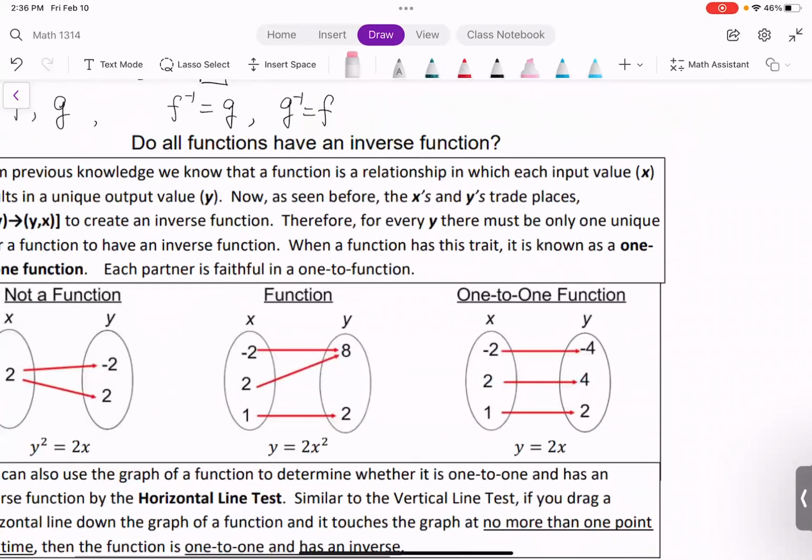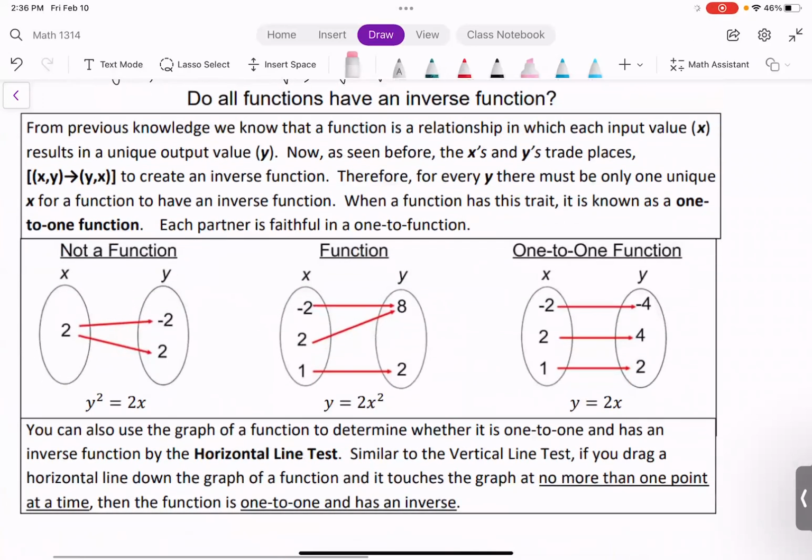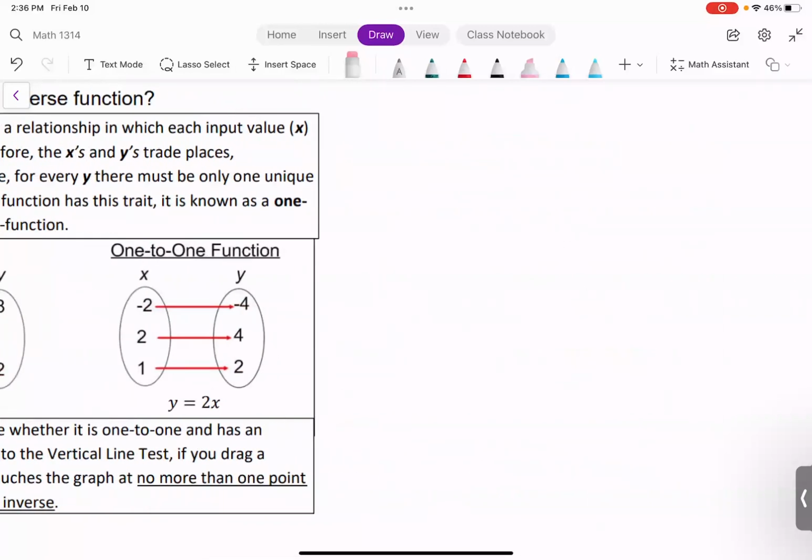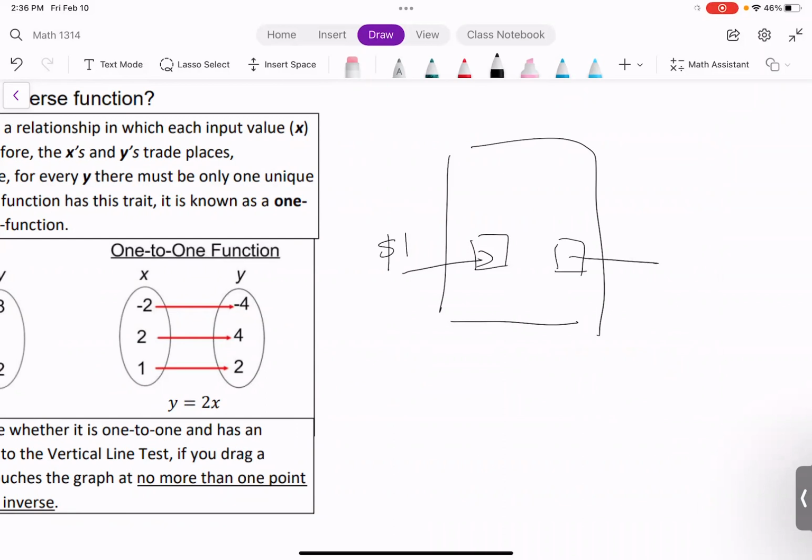Okay, let's see. Do all functions have an inverse function? That's a question. We have learned in a previous part that the relationship in which input value x results in a unique output y, so x and y must be one-to-one. What's the meaning of that? Just like the ATM machine we mentioned, if you input $1, then the output you get is 0.9 euro.